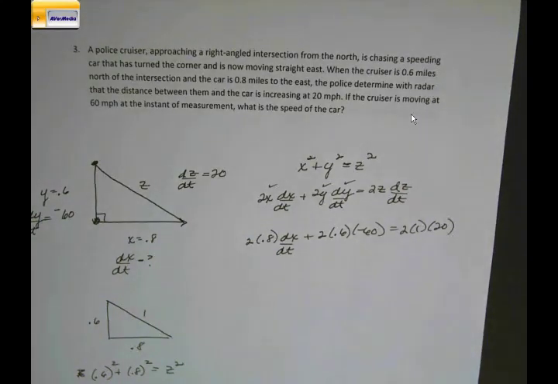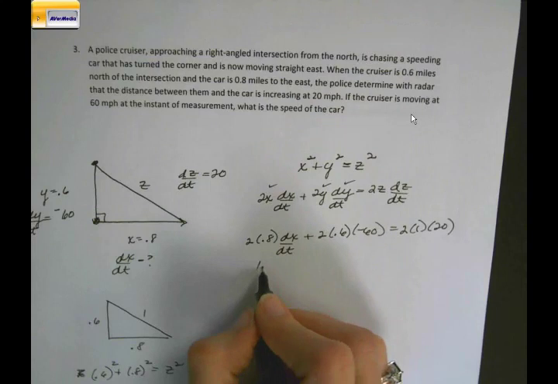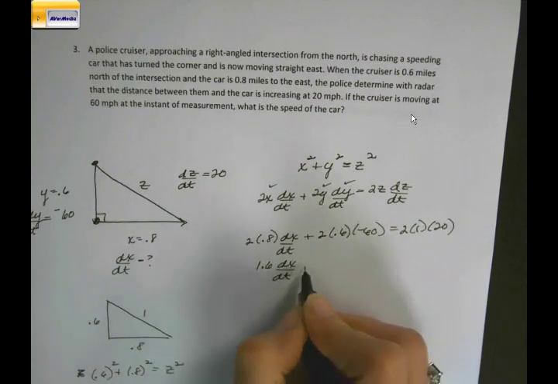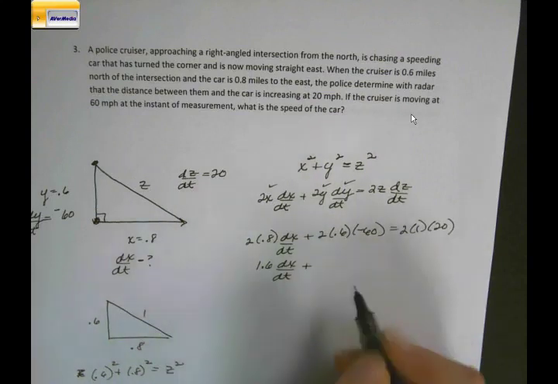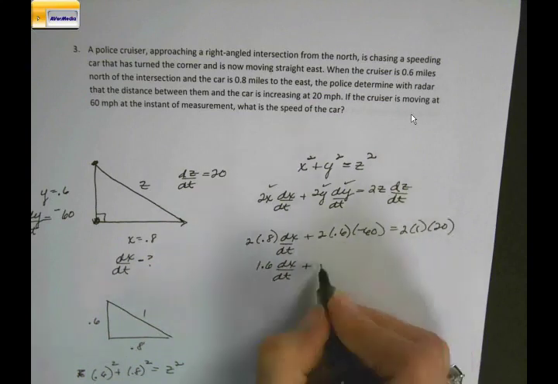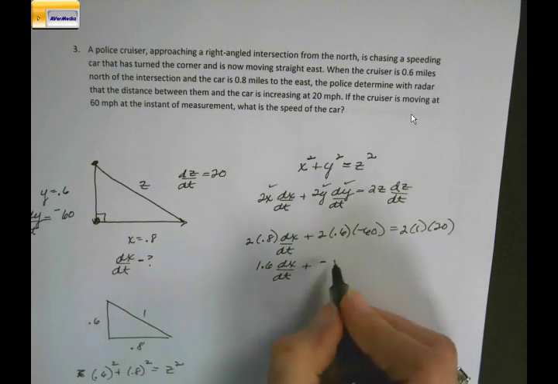So all we have to do is clean this up, and we have dx/dt, which is the speed of the car. So this is what? 1.6. Is that right?